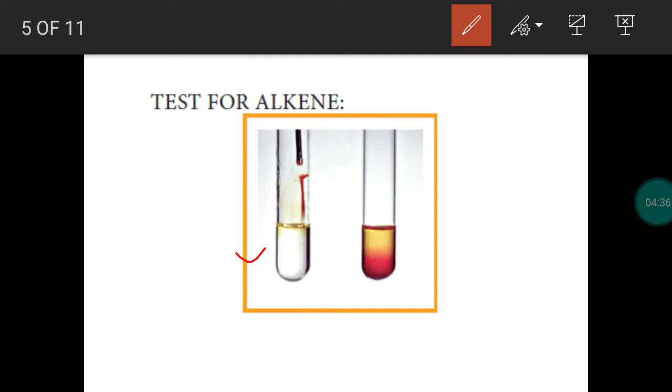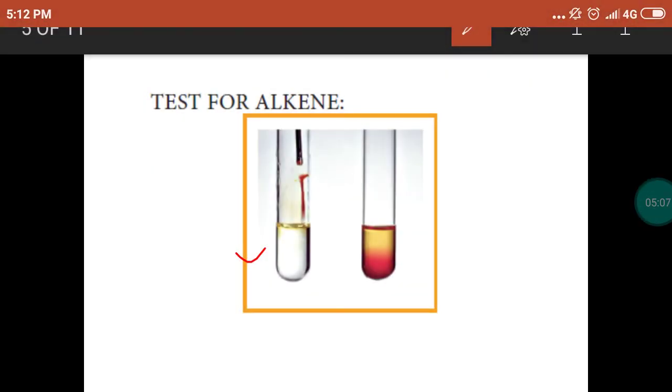When this highly harmful bromine water is added to the given organic compound, if there is a decolorization, that means there is a disappearance of the brown color of bromine.